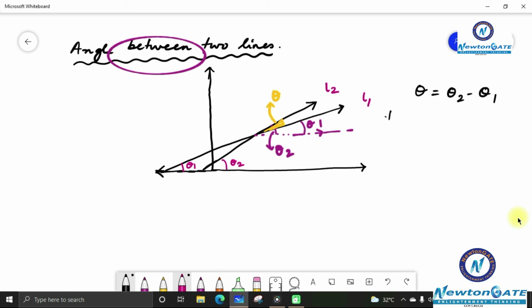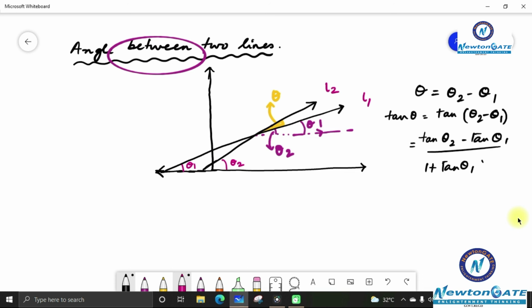Now tan theta is equal to tan of theta 2 minus theta 1. By the definition of trigonometry, we have tan theta equal to tan theta 2 minus tan theta 1 divided by 1 plus tan theta 1 tan theta 2.